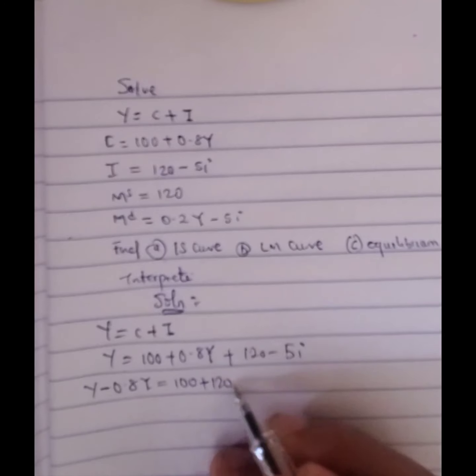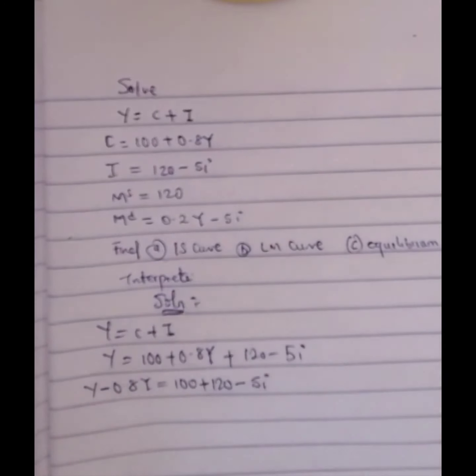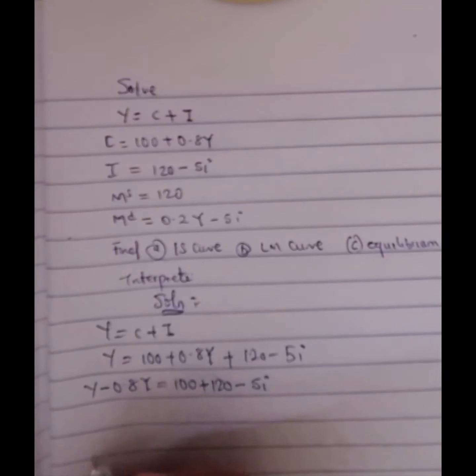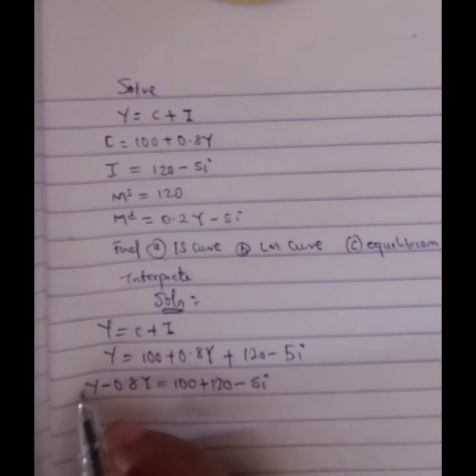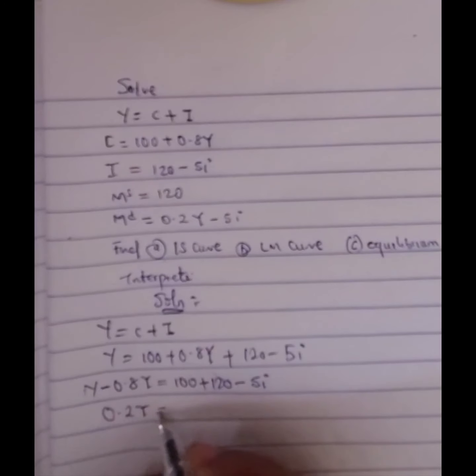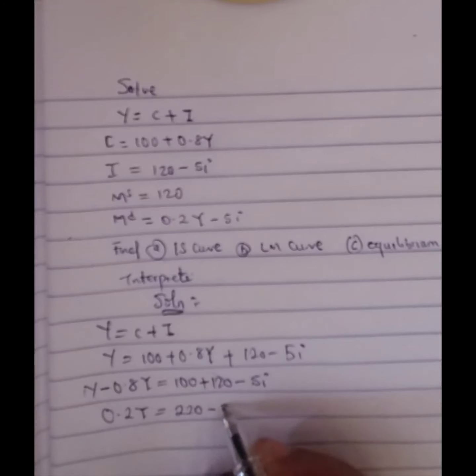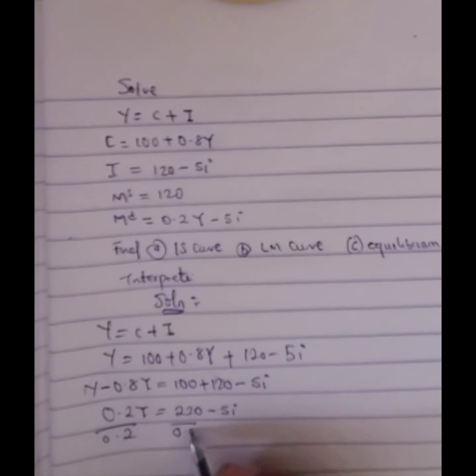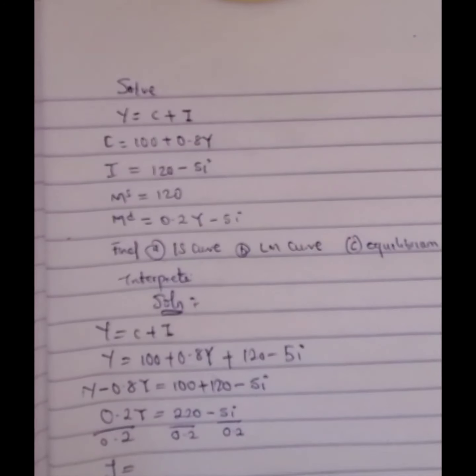Now let me go over this again. The dynamics is that if there's an increase in the rate of interest, your IS curve is usually low and your LM curve is usually high. But if there's a decrease in the rate of interest, your LM is usually low and your IS is usually high. So if there's an increase in R, that is the rate of interest, IS will reduce, LM will increase. That is, the money supply would increase because the interest rate has increased.